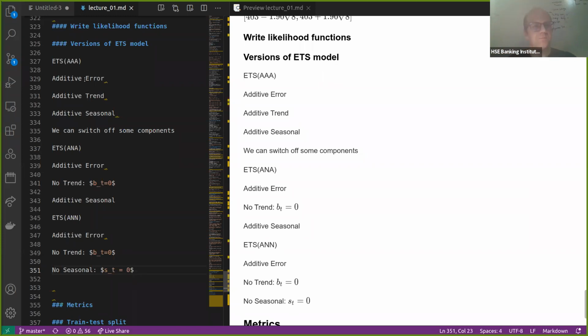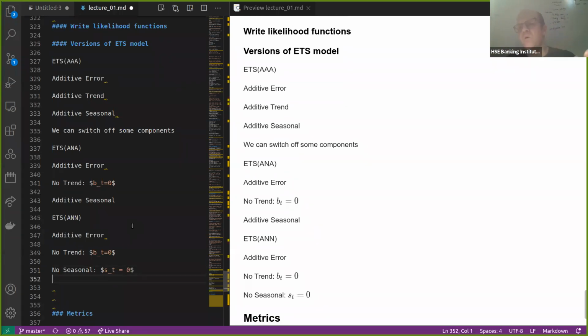What is additive? The second question: if there are additive, there should be multiplicative. You can find all the equations in the corresponding chapter. So let me write one equation for multiplicative model.